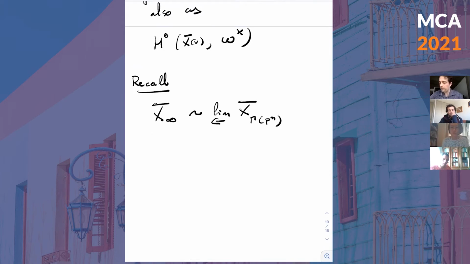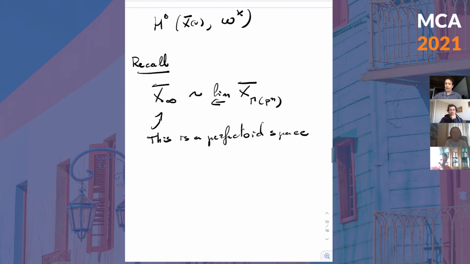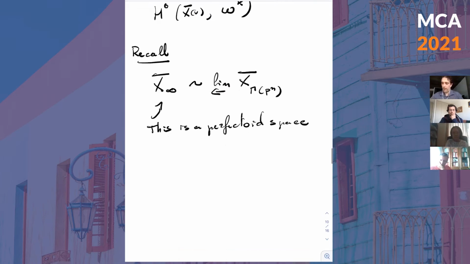I can now even do it for the compactification. And this is a perfectoid space. So I can consider the tower where I take smaller and smaller level at p, and I get something which is a perfectoid space.